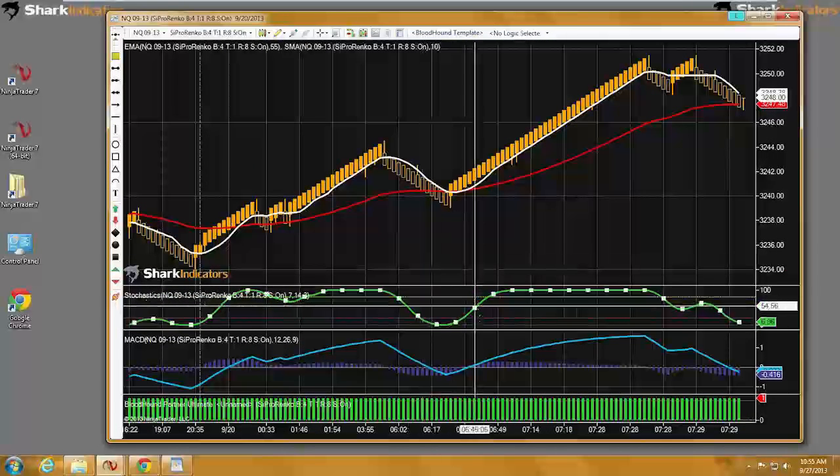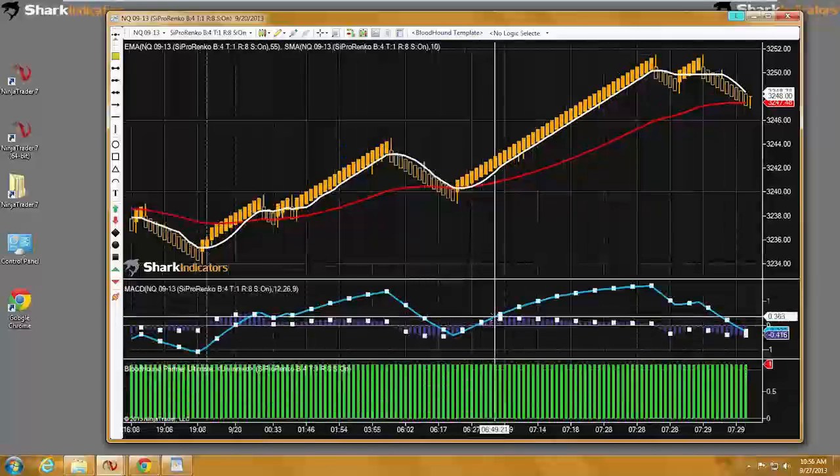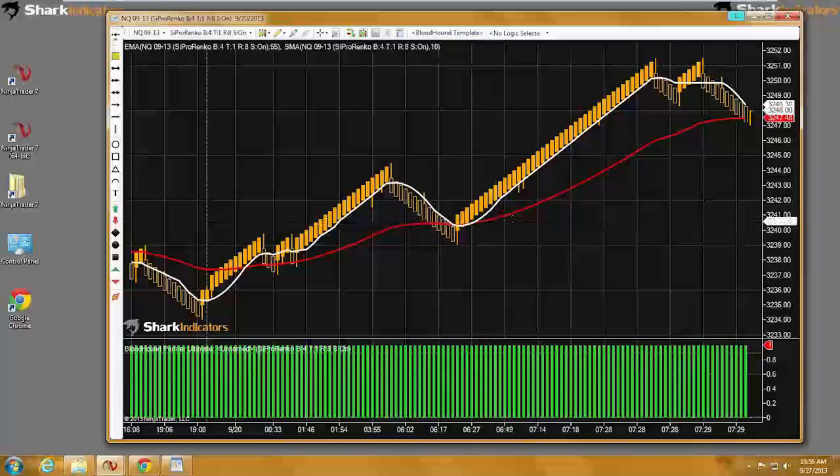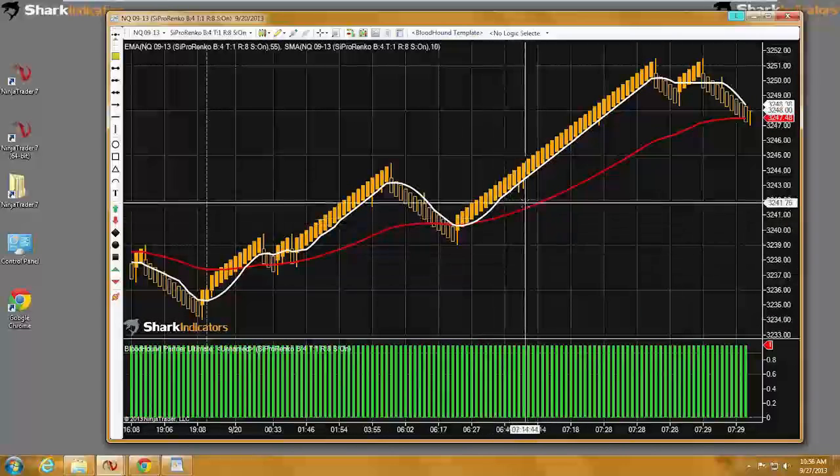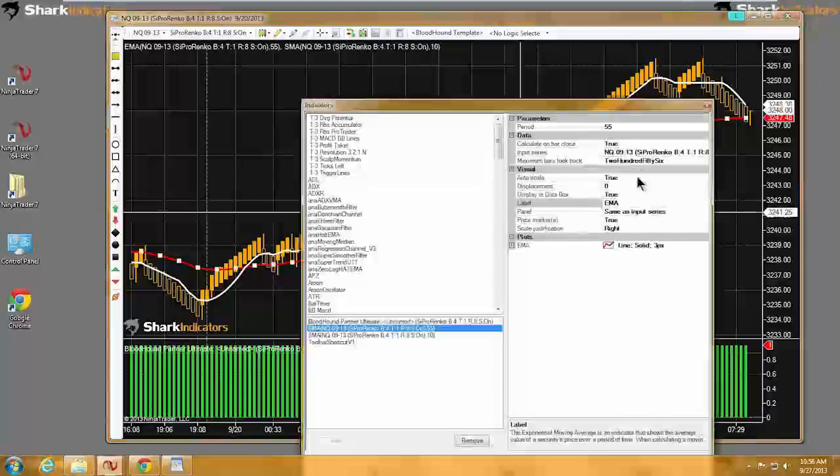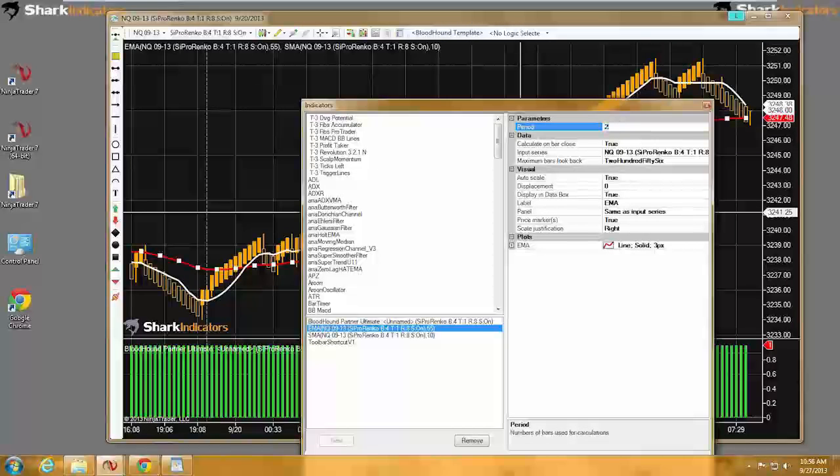Let's get rid of these here, and I'm going to build just a very simple crossover system. Let me shorten the period up so we get more signals.